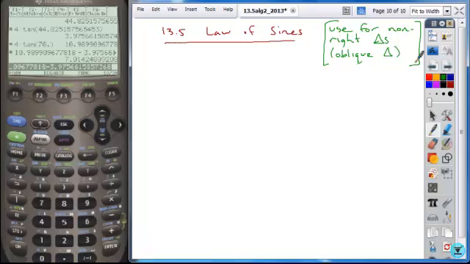If you see a non-right triangle, then you're going to look to use the law of sines or law of cosines, depending on the pattern of information that's used in the problem. All right, so let's talk about law of sines. There are two main scenarios to use the law of sines, and those scenarios are patterns of ASA and AAS.